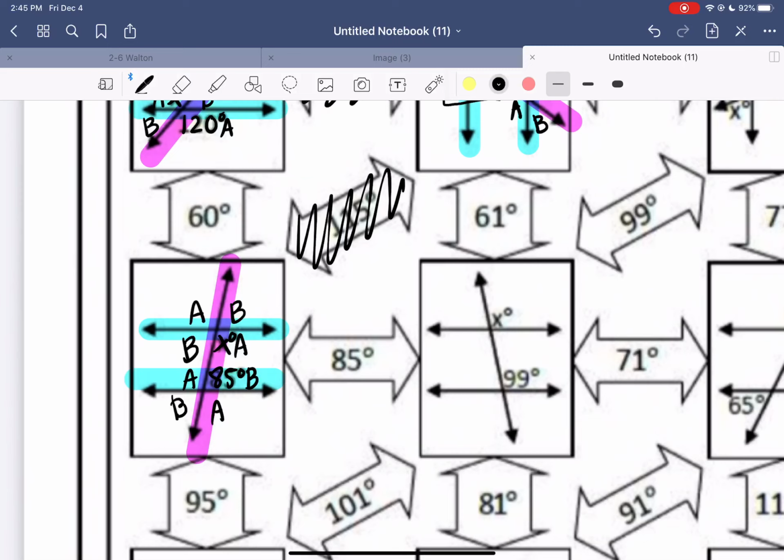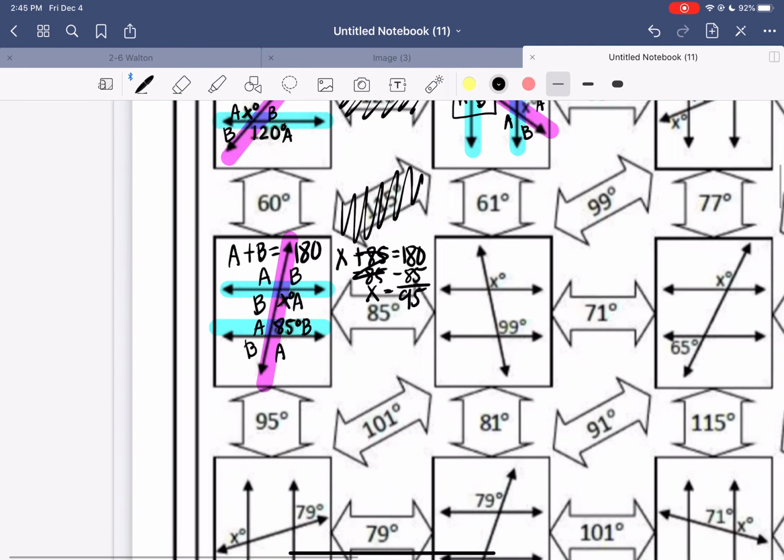We see that X is on an A and B is on the 85. So since A plus B equals 180, we can say A is X, plus 85 equals 180. We're going to subtract 85, and then we'll get X equals 95 degrees.